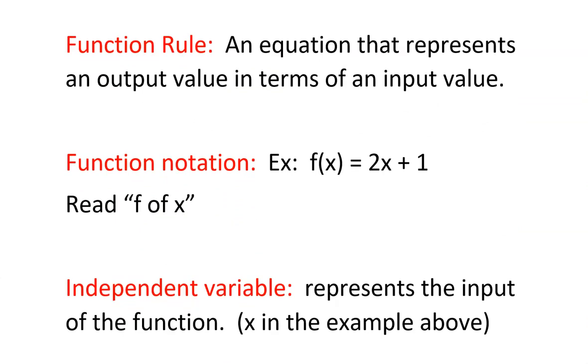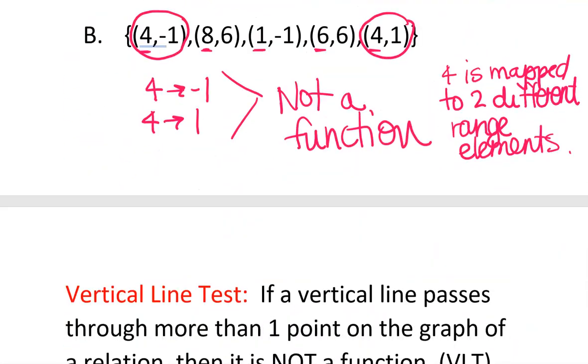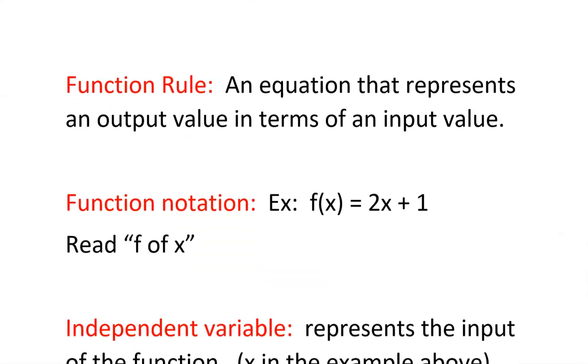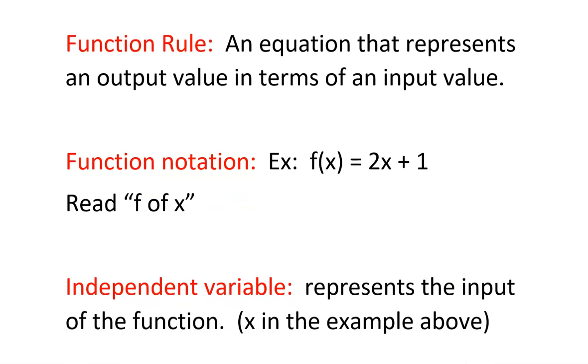A function rule is an equation that represents an output value in terms of an input value. So a function looks more like an equation. The only difference is this notation right here that is read f of x.